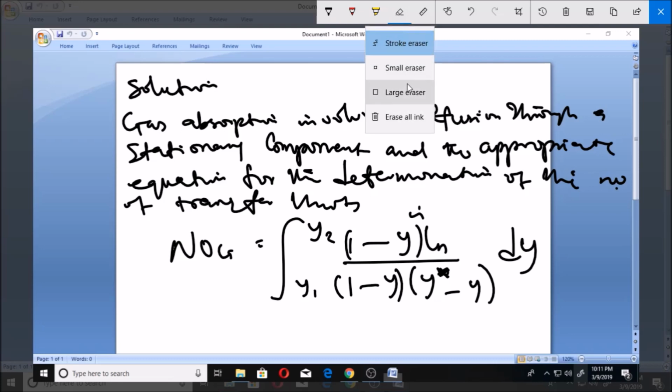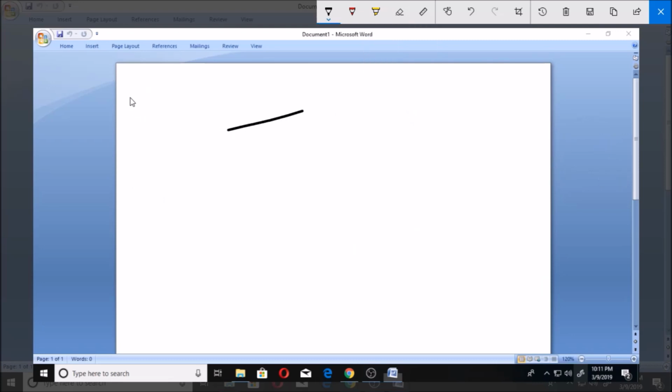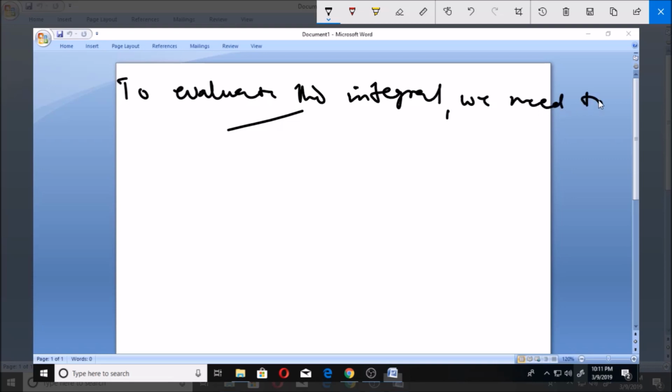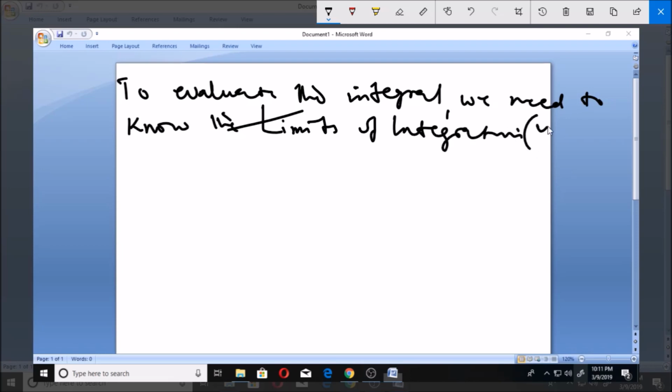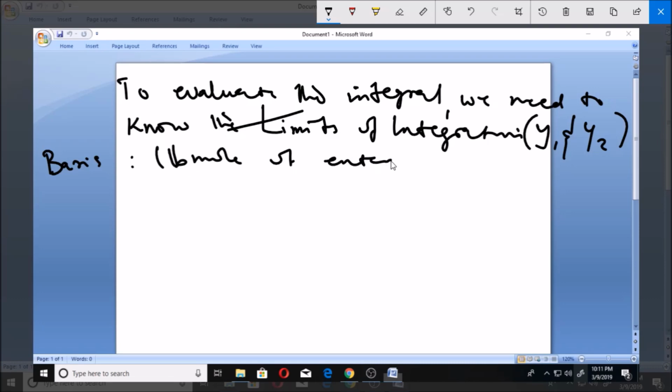Having noted this, to evaluate the integral we need to know the limits of integration, very important. And those limits are y1 and y2. Now, what is the basis of our calculation? We take the basis of 1 pound mole of entering gas.